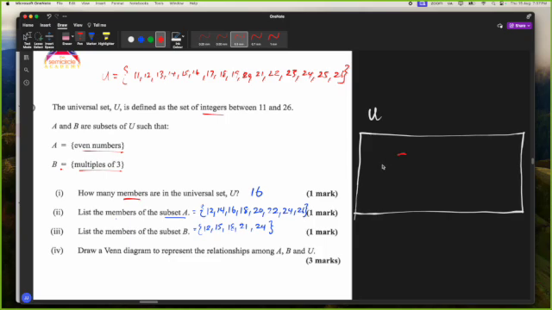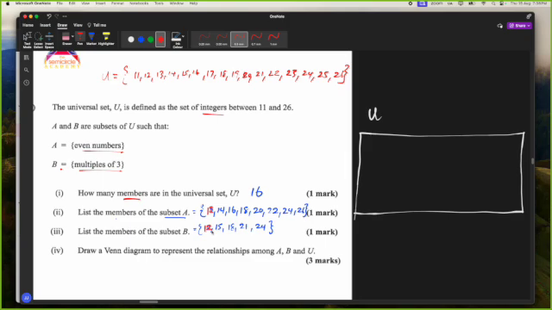Because I want to know whether to draw them separately or intersecting. So first of all, I have to decide, are they intersecting at all? I see in here that yes, they do intersect.